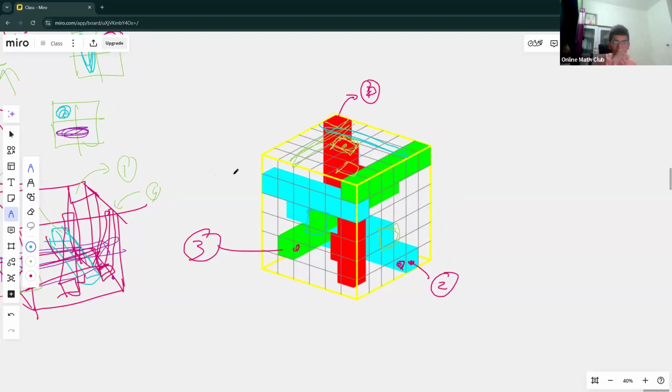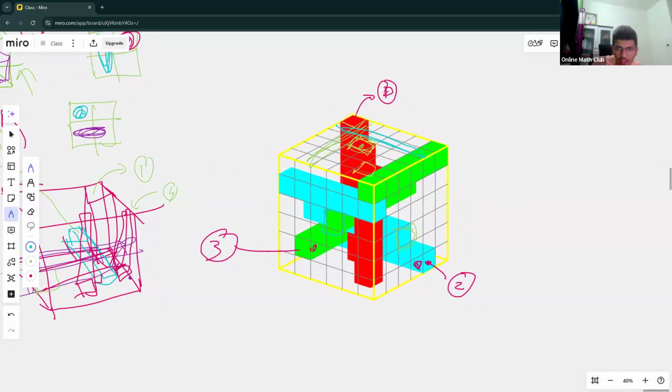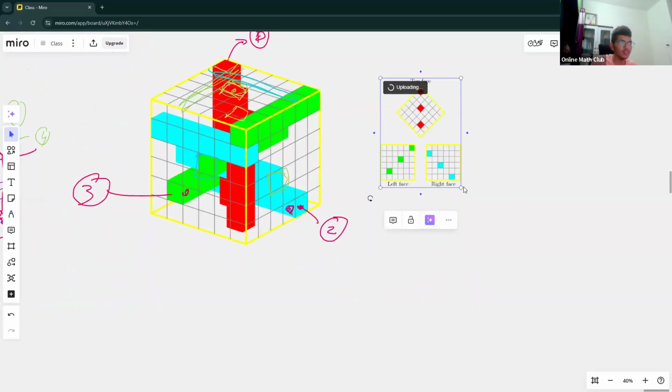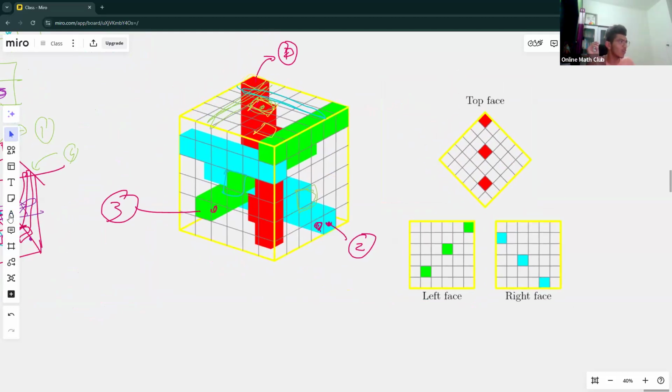I told you the best way to visualize or explain this is this. Okay, this is one of the ways. From the upside we consider this cube, from this right side.